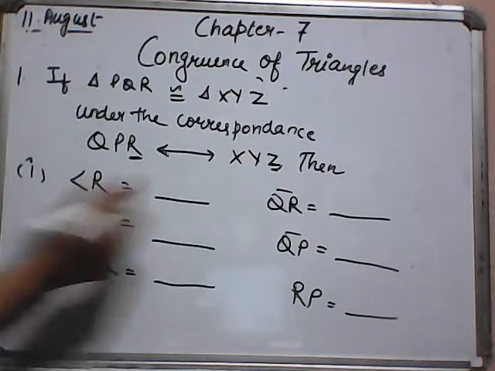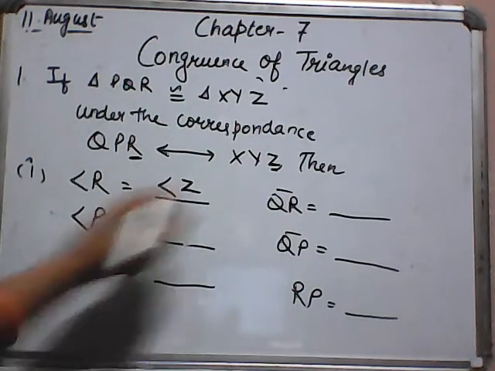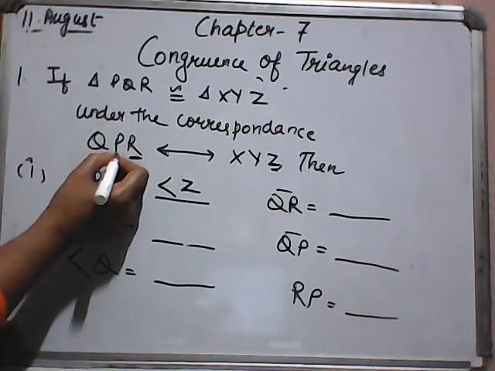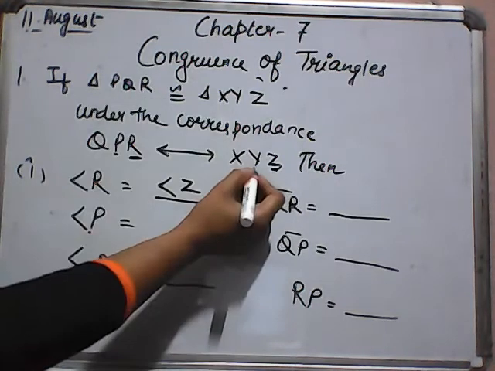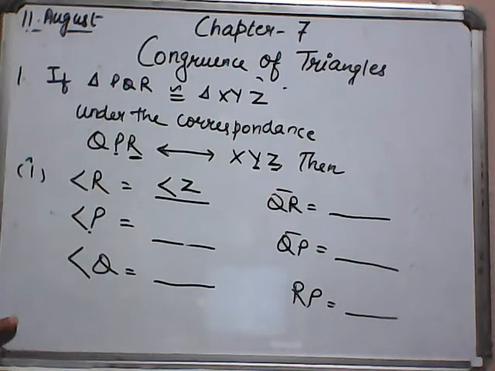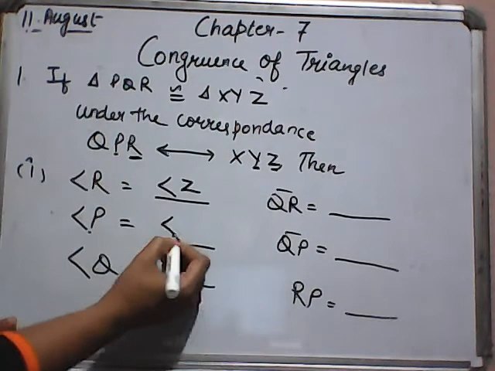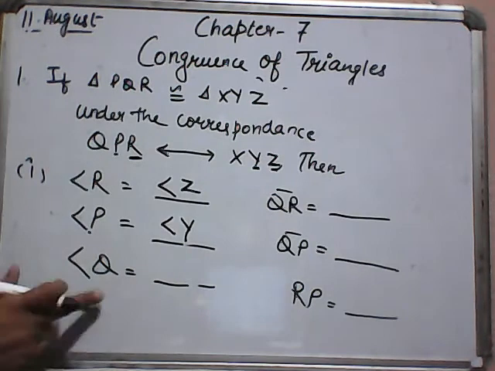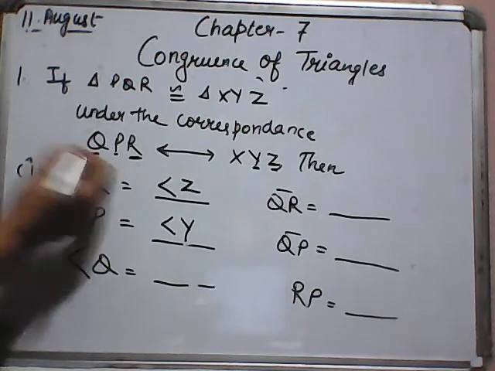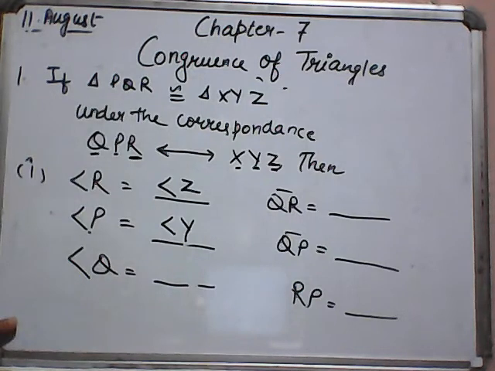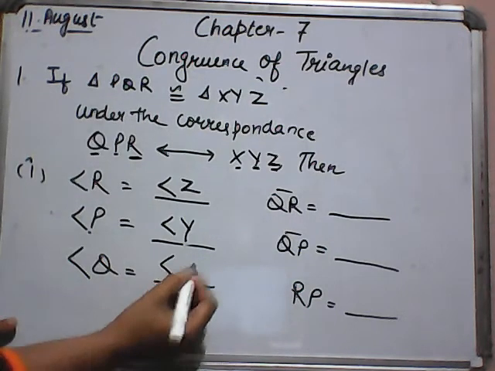So angle R is congruent to angle Z. Angle P is in the second position. Which angle is in the second position in the other triangle? Angle Y. So we can say angle P and angle Y are congruent to each other. Q is in the first position. Here X is in the first position. So angle Q is congruent to angle X.